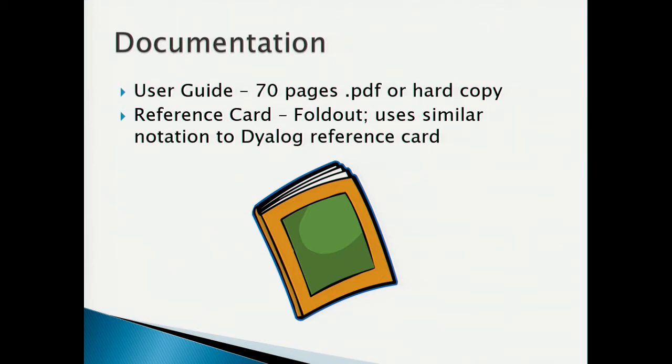And for the reference card, I tried to use similar notation to that used in the Dyalog reference card. I'm trying to be consistent, whether I indicate that something is a variable or numeric, or whether it's integer or floating point, and stuff like that. And again, that's available also as a PDF.